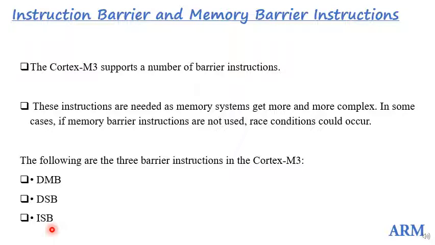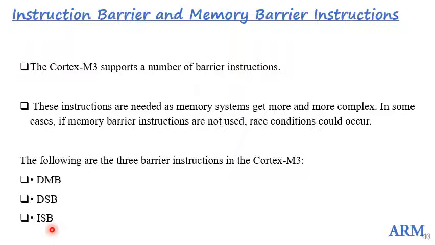The other scenario is when a memory access operation is taking place and an interrupt occurs. This interrupt, which will go for executing the interrupt service routine, also requires a memory access. Another scenario is when a memory access operation happens and a system control operation is also taking place.